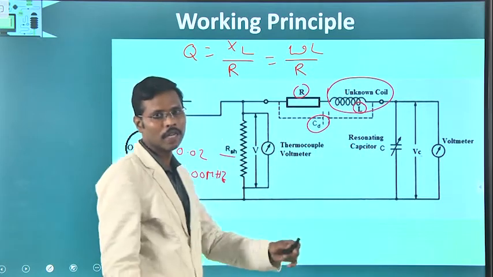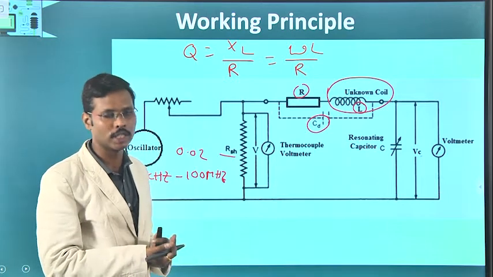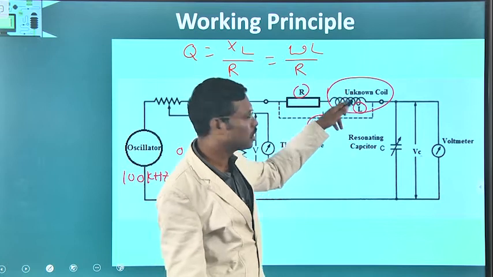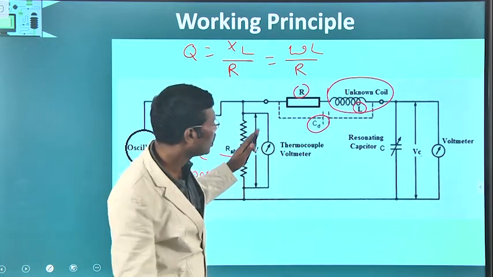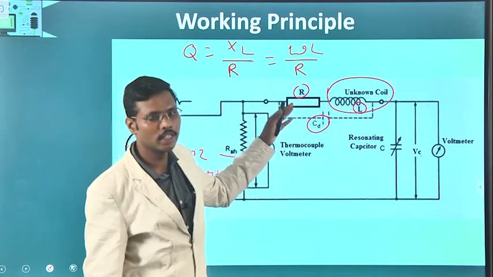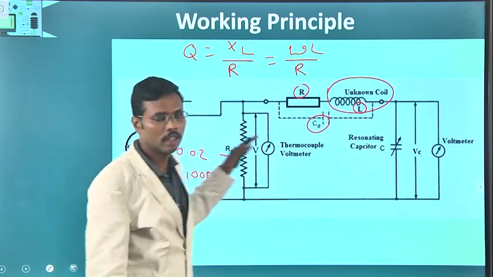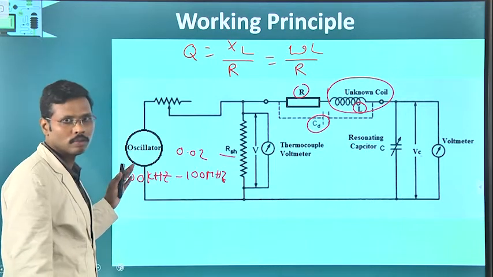So the coil for which we need to measure the quality factor is connected in this resonating circuit in this area, and then this circuit is made to resonate by varying the capacitor value of this resonating capacitor or the frequency of this input oscillator.